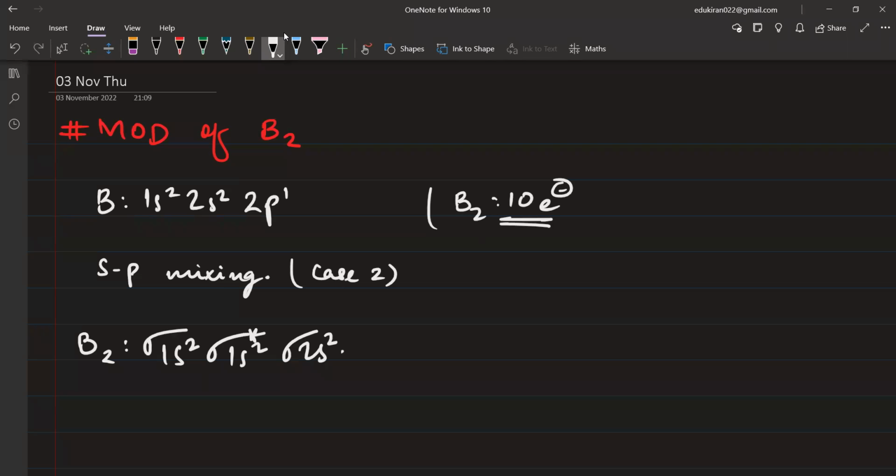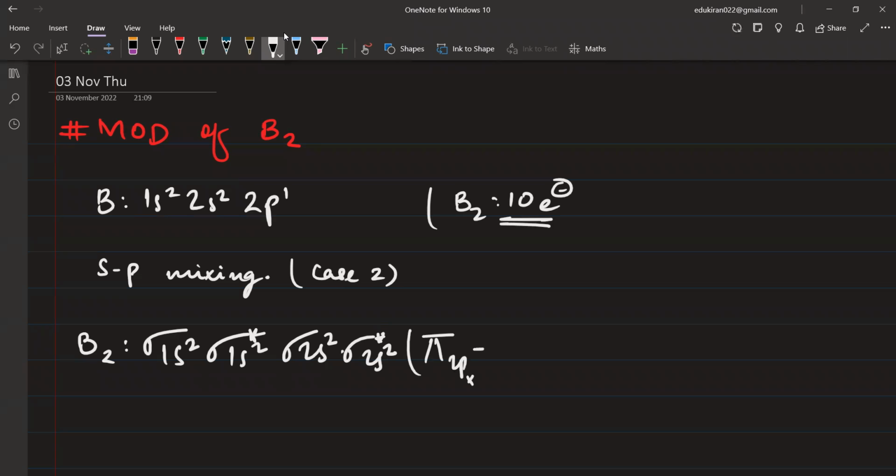Then sigma star 2s2, right? Because now we have 8 electrons. After this, pi 2px equals pi 2py. Very good.